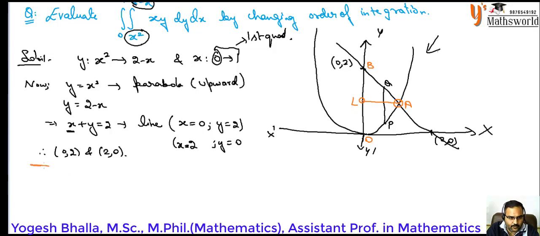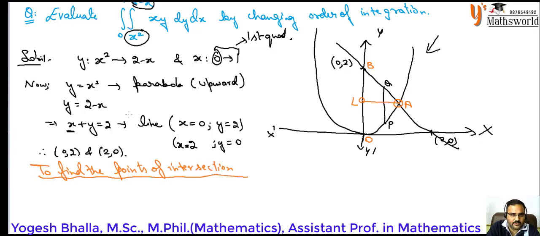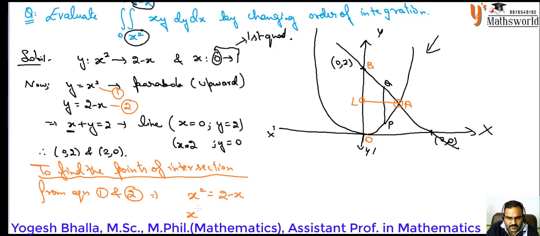So to find the points of intersection, this is our equation number 1, and this was our equation number 2. From equations 1 and 2, we get two values. That means x square equals 2 minus x, or we can say x square plus x minus 2 equals 0.